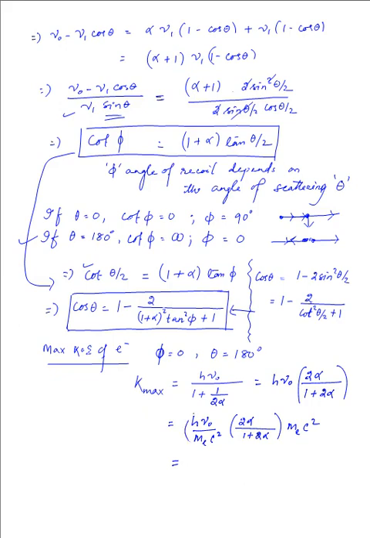So this term over here is equal to alpha, and that alpha goes in and multiplies with that bracketed term. So mec squared, in that bracket we had 1 alpha, now we have 2 alphas multiplied together, so we have 2 alpha squared over 1 plus 2 alpha. So this is the expression for the maximum kinetic energy that can be possessed by the electron.